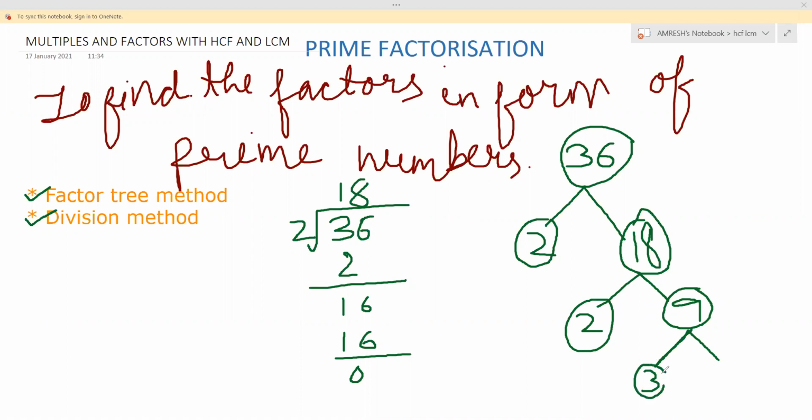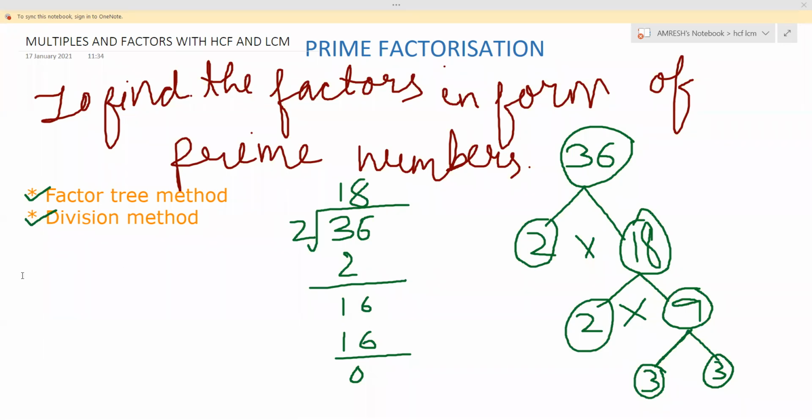3 threes are 9. You can put the multiplication by 1 if you want, not required, but you can put. Because you know 1 is not a prime number, no need to put 1 here. So from this, what are the prime factors that we found?